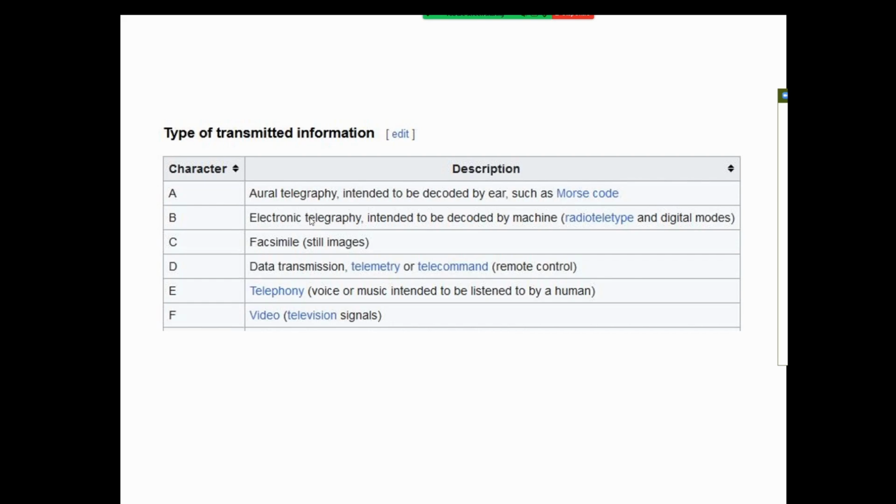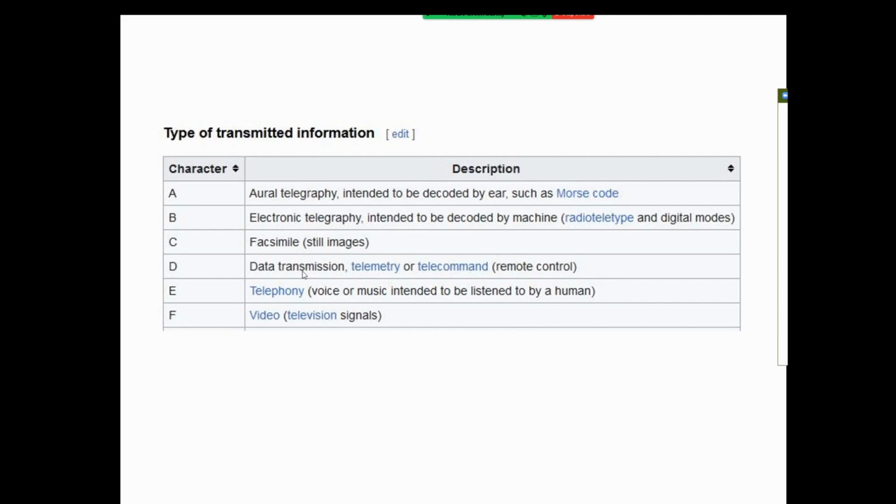B, then they moved it into electronic telegraph, where it was to be decoded by a machine. So basically, the machine would type out words, and then an operator would actually take the little strip and put it on a message. I do have an old telegram that was sent at my birth. I should probably bring it in. C, that's a facsimile machine, still images. D, data transmission. That's telemetry or telecommand. It's remote control.